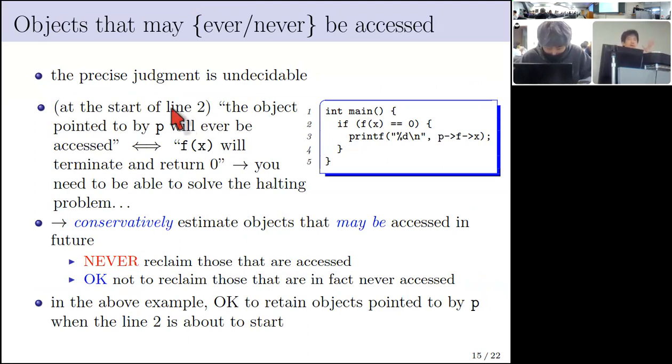So before getting into what the garbage collector is actually doing, let me just note that the precise judgment is undecidable. So it's something impossible to know. I'm showing a trivial example to illustrate this point.